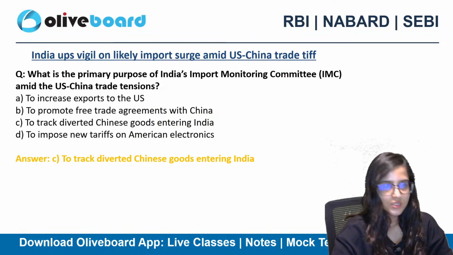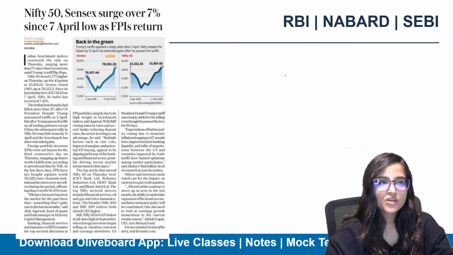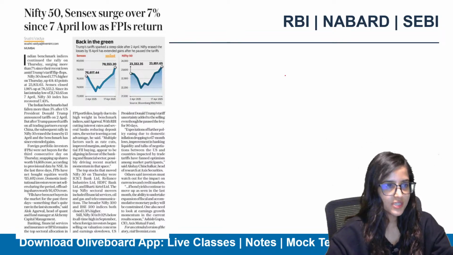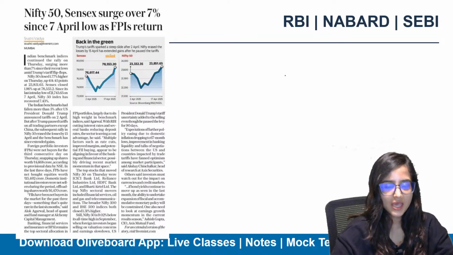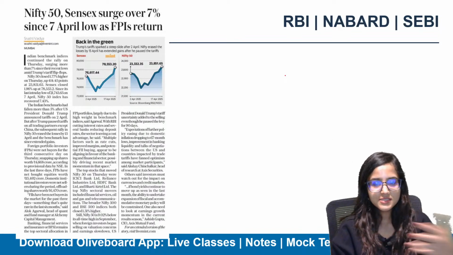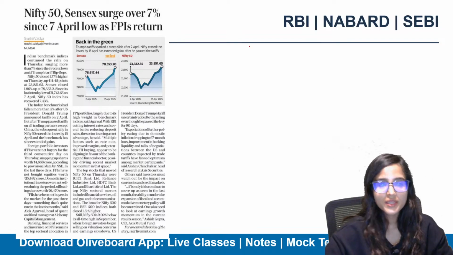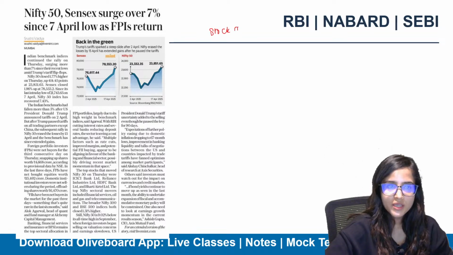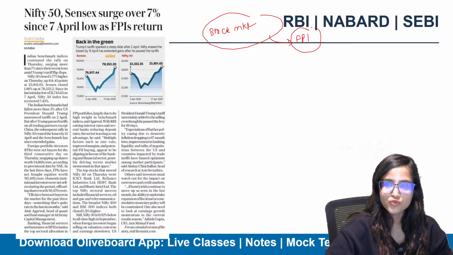Good. Then: Nifty 50 and Sensex surge over 7% since the 7th April low as FPIs return. Now, in the previous analysis, we had seen that the stock market was falling a lot because of foreign portfolio investor outflows.